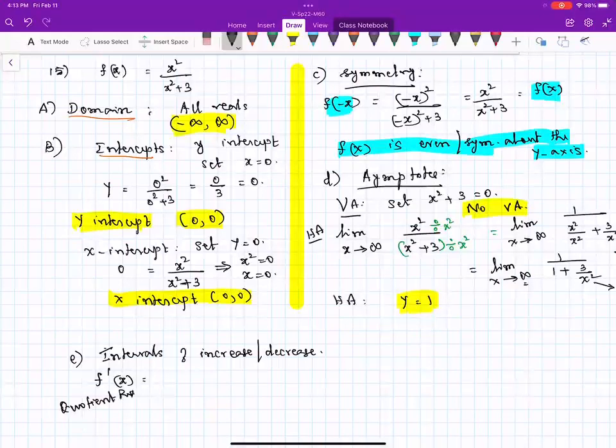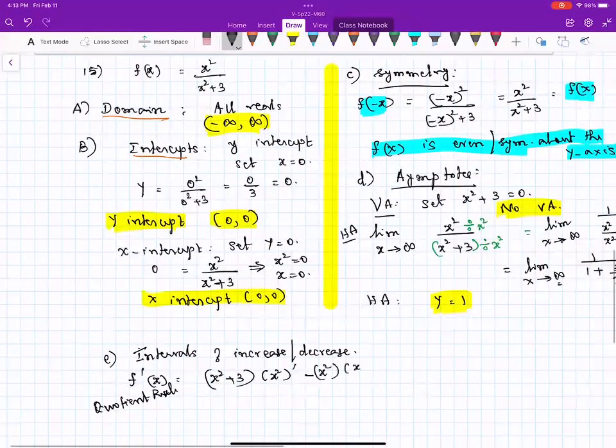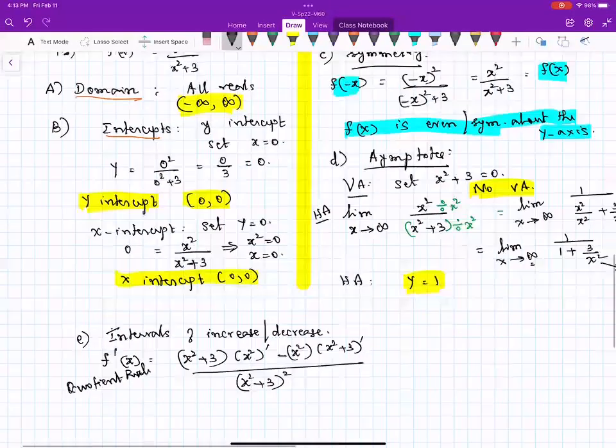So it is the denominator, which is x square plus 3, times the derivative of the numerator, minus the numerator times the derivative of the denominator, divided by the denominator square. Okay.